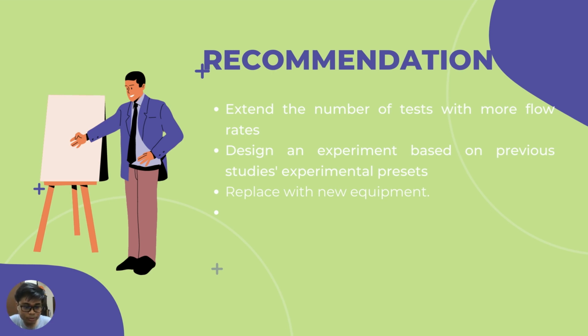Another method is to design an experiment from earlier research so that the results may be compared under identical conditions, and we can get a better understanding of how well the falling film absorption unit works by measuring the error value. And lastly, to get much more accurate data, the equipment we use to measure the oxygen level can be replaced with a new DO meter.